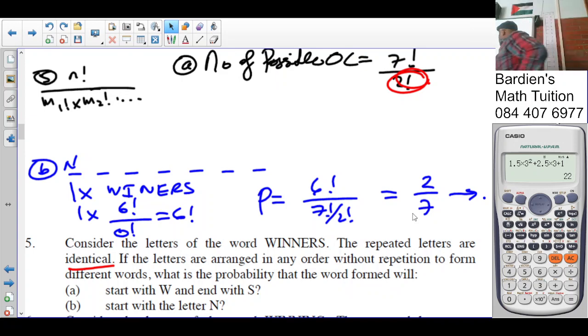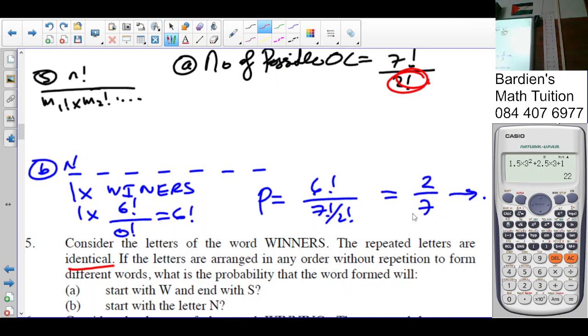So we said that the probability is the number of favorable outcomes over the number of possible outcomes. So 5a, you must start with a W. So it's 1, 2, 3, 4, 5, 6, 7.